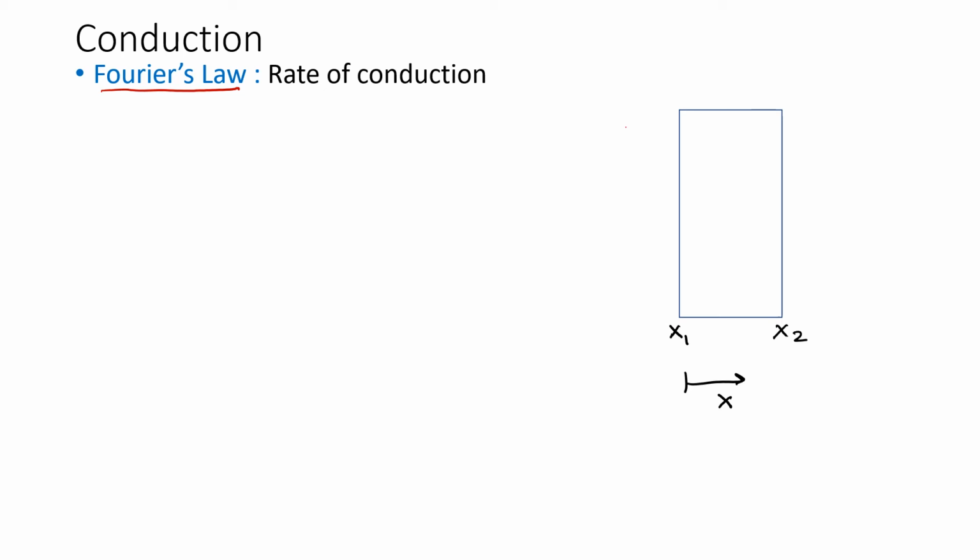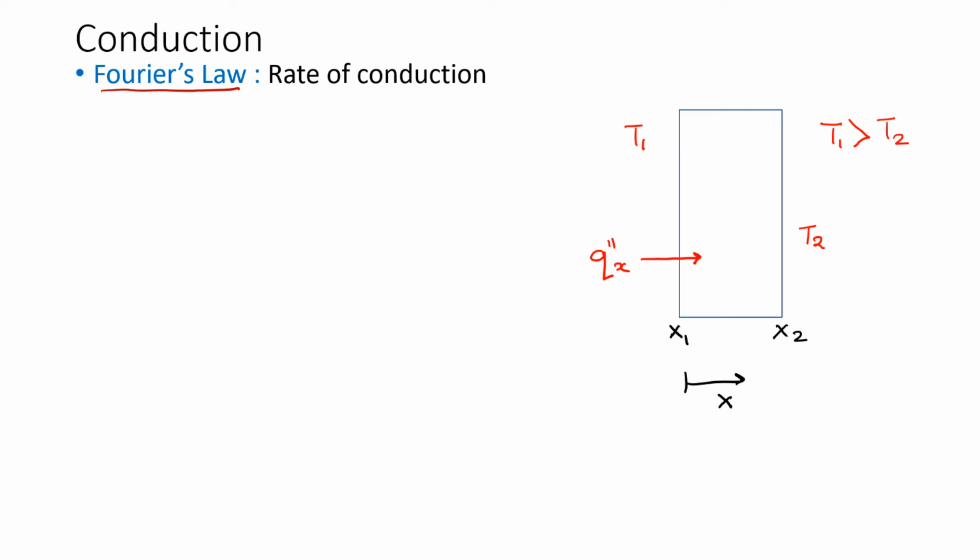Let's say the surface on the left is at a temperature T1 and the surface on the right is at a temperature T2, and we assume that T1 is greater than T2. This means that the left surface is hotter than the right surface. Obviously, heat will flow from a high temperature to a lower temperature, so the direction of heat flux will be in the positive x direction.